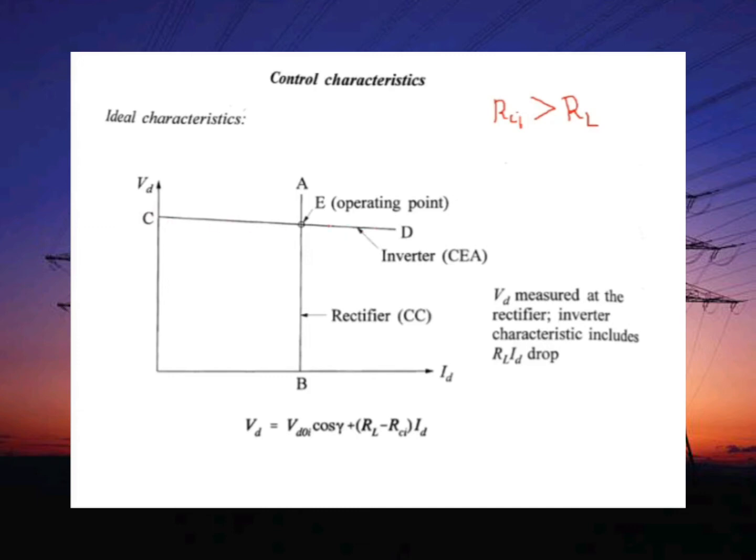Since an operating condition has to satisfy both the rectifier and the inverter characteristics, it is defined by the point of intersection, which is denoted by E, this one.